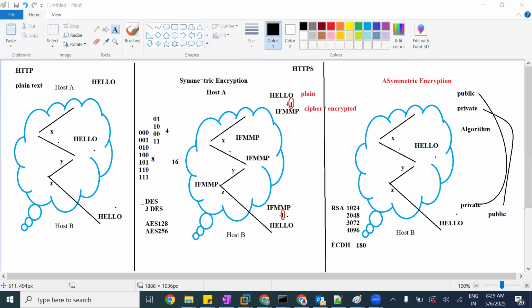You have to recommend RSA 1024, because an asymmetric algorithm is always stronger and the key size 1024 is more than 256.